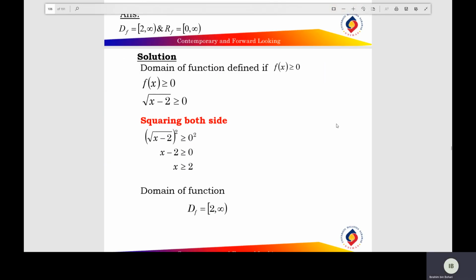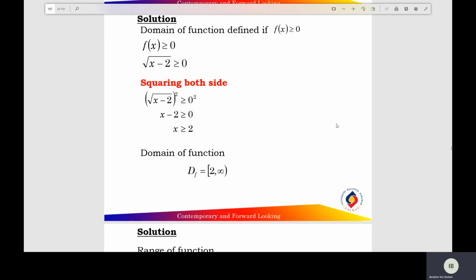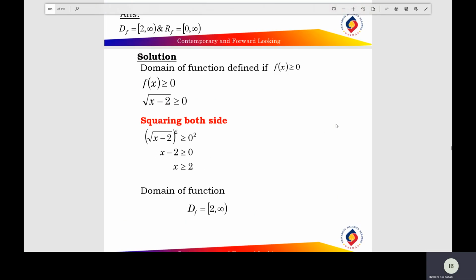Okay, so you find the domain of the function first. This square root function is only defined when the value of f(x) is greater than or equal to 0. So you let the function f(x) be greater than or equal to 0.